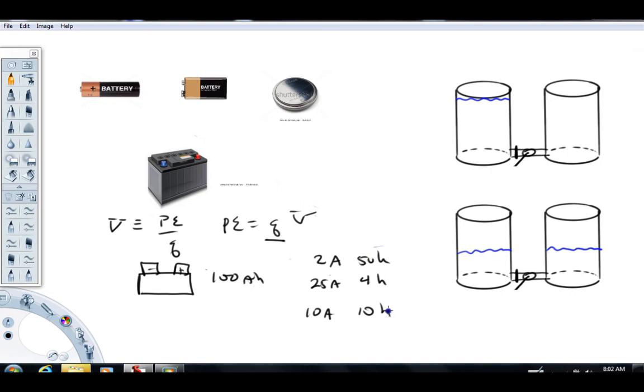Now the one thing I'd like to point out is that the amp hour rating is not 100% absolute. If this battery did in fact last 50 hours with a 2 amp draw, it will not actually last 4 hours with a 25 amp draw. Let me talk about why. For higher currents, that typically makes the battery hot, and the battery efficiency goes down. You have more energy converted to heat.